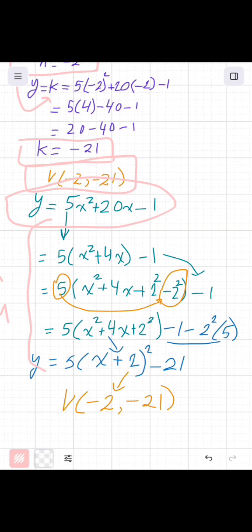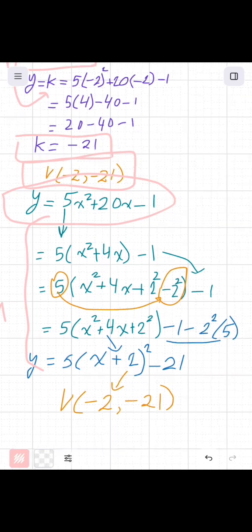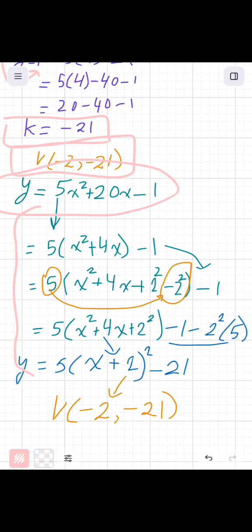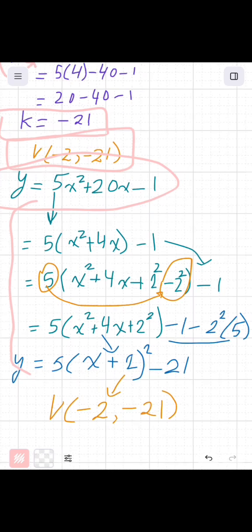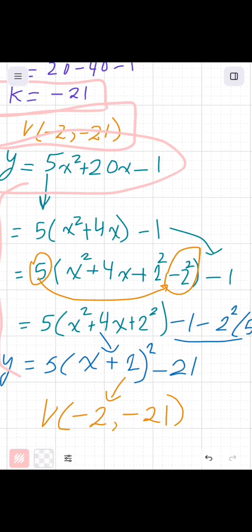So if I quickly tell you how we do the completing square method, in the very first step I took the coefficient of x squared, that was 5, as common, from two terms, one is x squared and another is x.